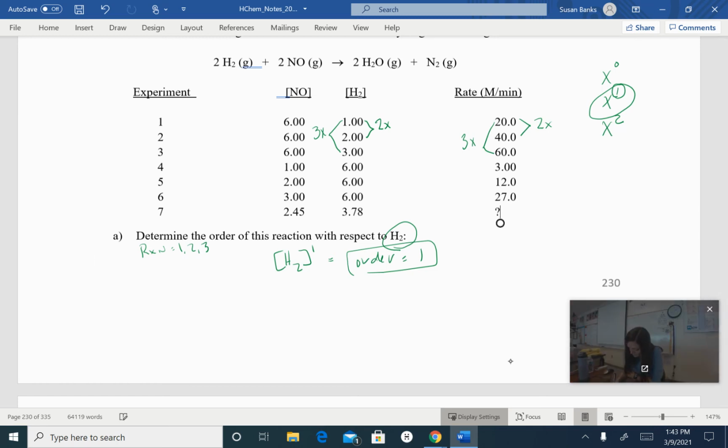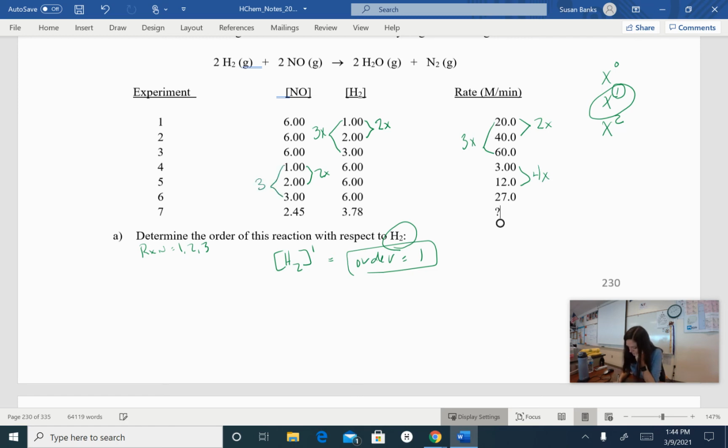If I look at 4, 5, and 6, and I look at nitrogen, this is doubled. What happens there? Let's see, 12 divided by 3 is 4 times. Let's look at between reaction 4 and 6.